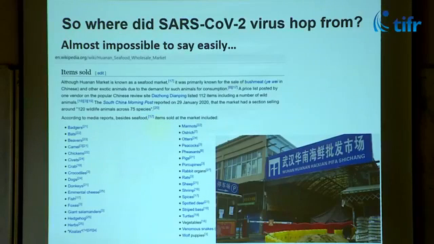It's not yet known, because now this market has been disinfected and shut down, so we can't really trace back to what animal this virus came from. But it jumped from one of those species to humans. The first event, the spillover event, is from an animal to a human, and from then on the transmission happens from a human to another human.